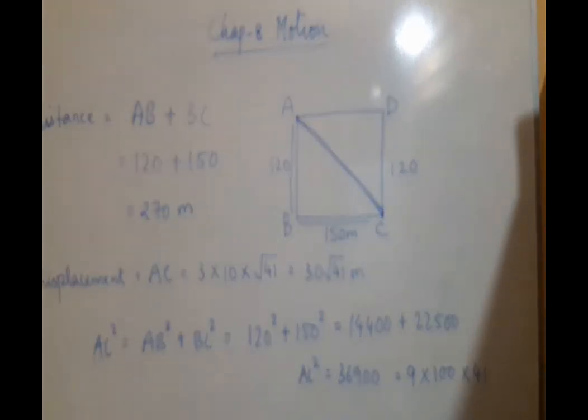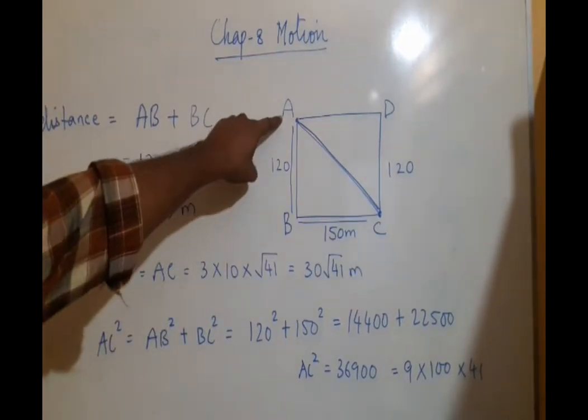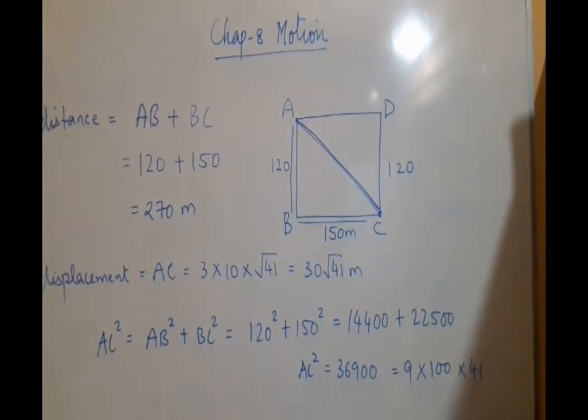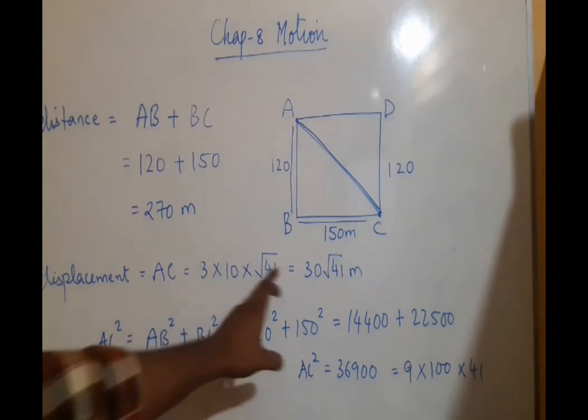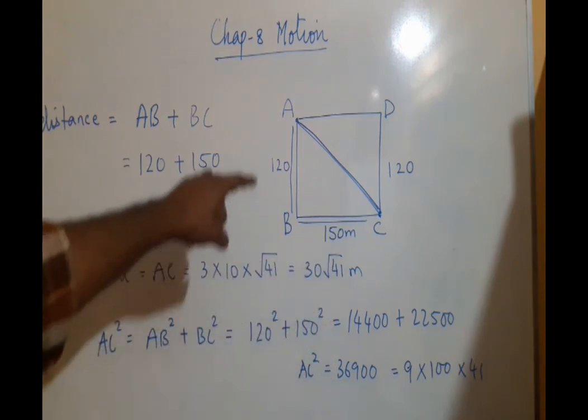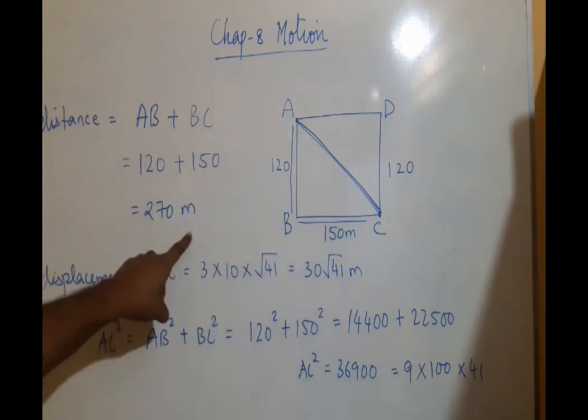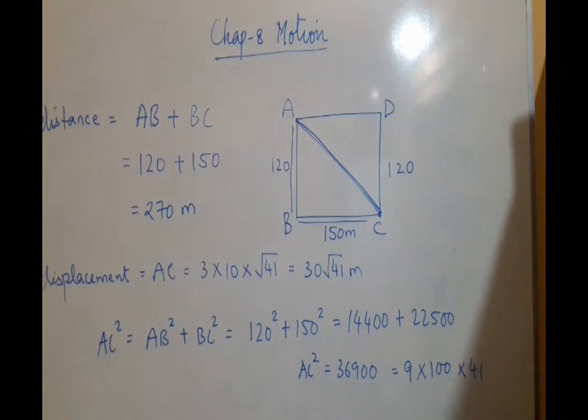The total distance run is 270 meter, and the displacement is the shortest distance from A to C. So we found it by Pythagoras theorem, and we got AC as 30 root 41 meter. So the distance traveled is 270 meter while the displacement is 30 root 41 meter. Notice that the displacement is always lesser than the distance.